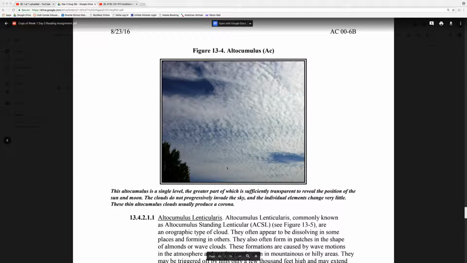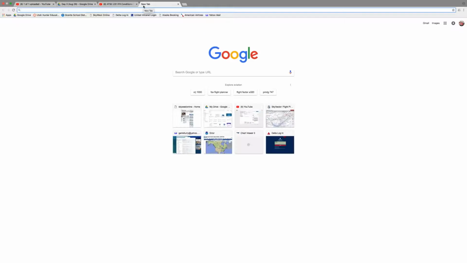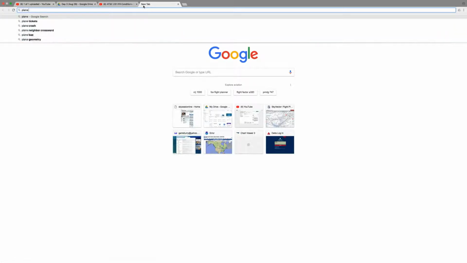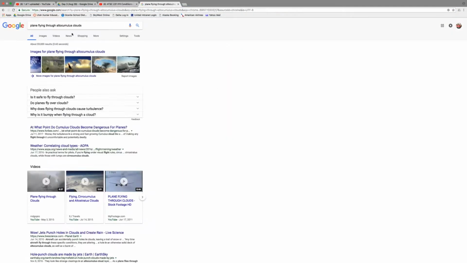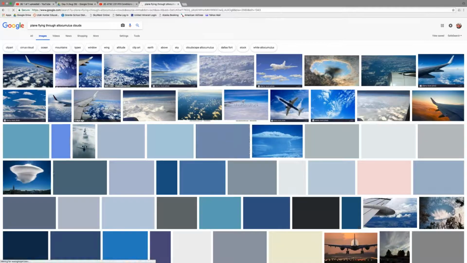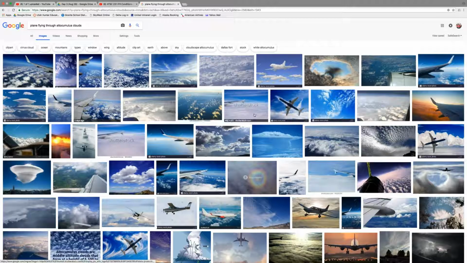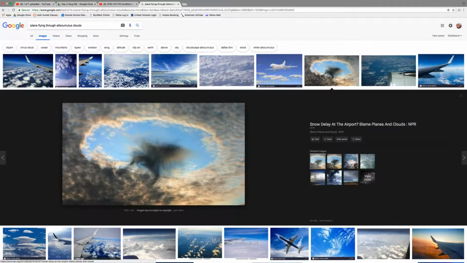It's kind of cool with these Altocumulus clouds. What happens is as planes fly through them, it punches holes, which are really cool.